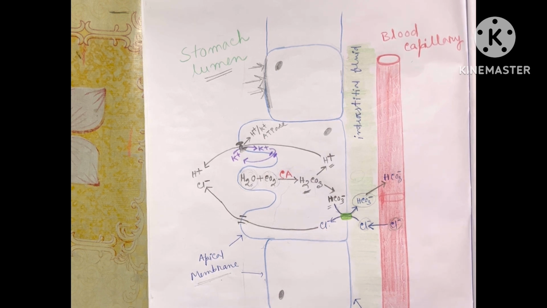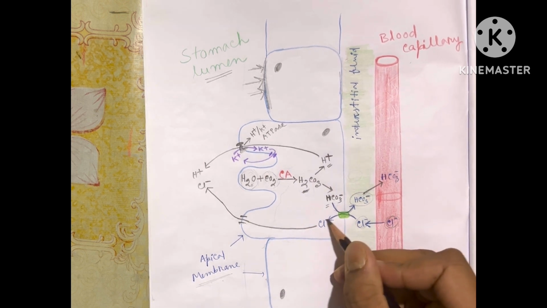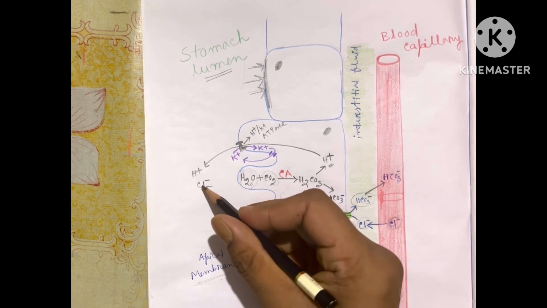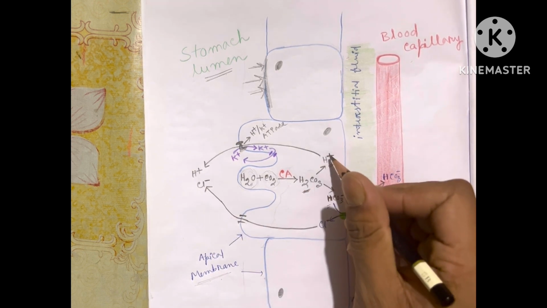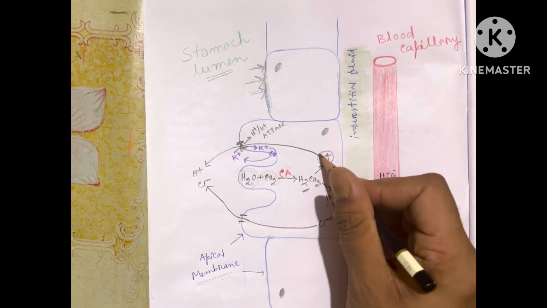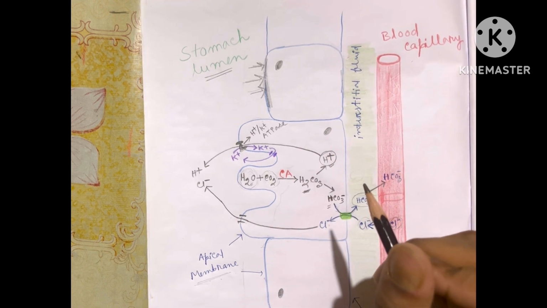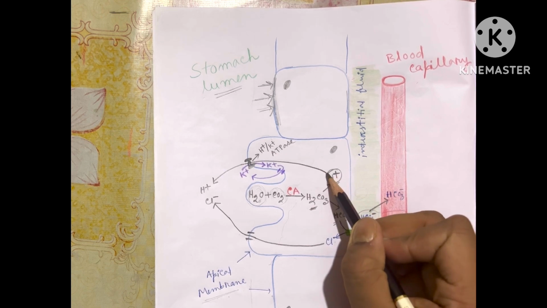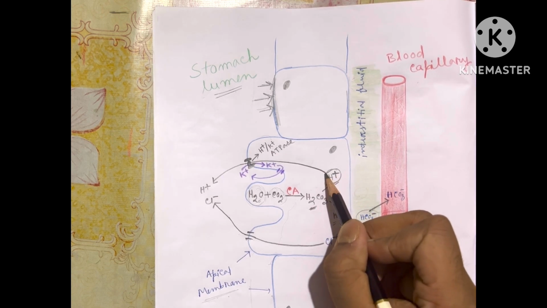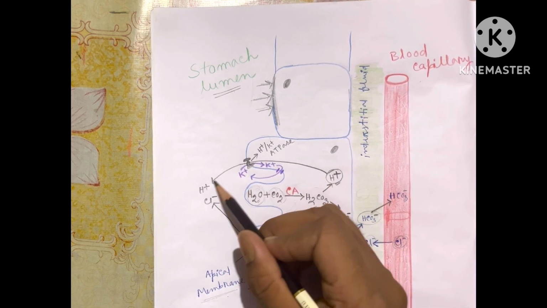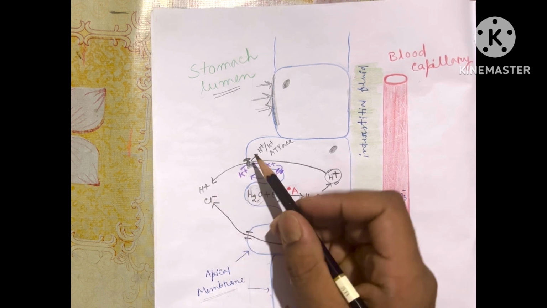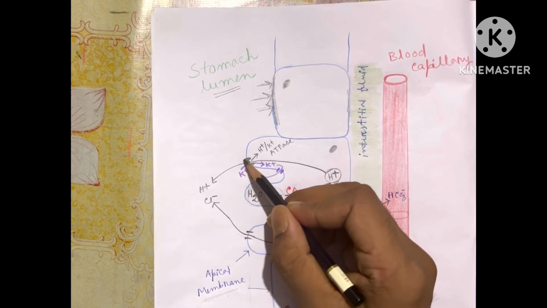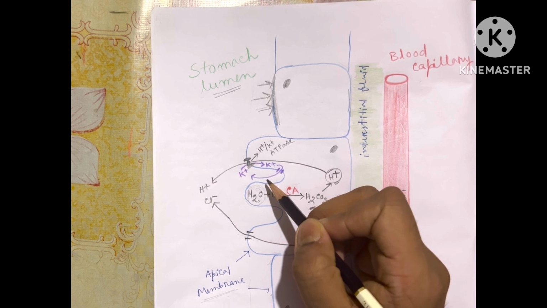Now here we can see, once that chlorine is moving towards the stomach lumen, what is going on with this particular hydrogen ion? Now let's concentrate here. This hydrogen ion now directly moves towards the stomach lumen with the help of a particular proton pump.